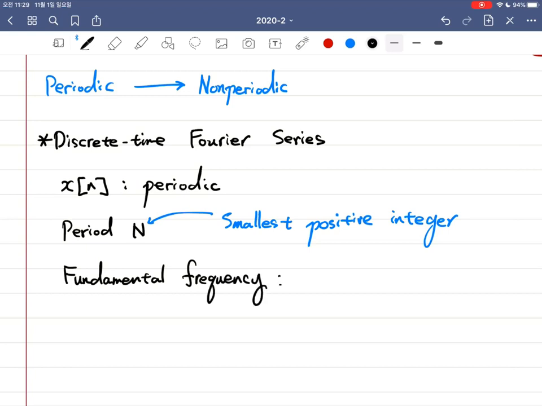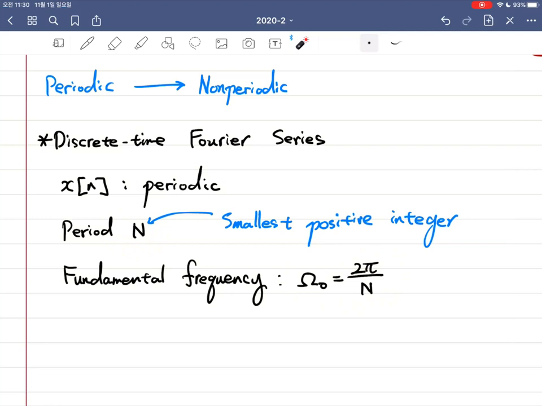We denoted this fundamental frequency as large omega 0, remember, and this was 2 pi over large N, remember? So we had this relationship between the fundamental frequency and the period, as their multiplication should be 2 pi.